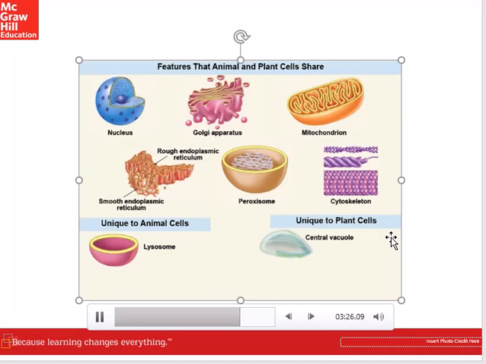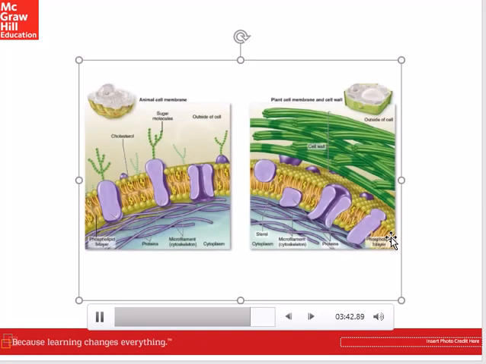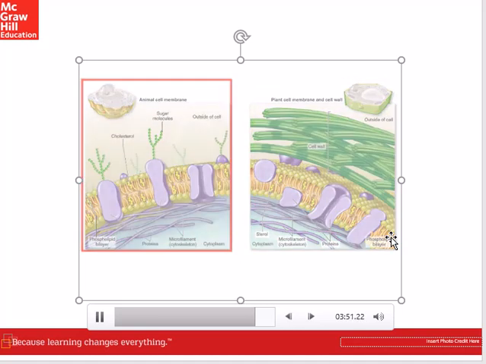However, regulating turgor pressure is a more important function of the central vacuole, which changes size as the cell absorbs or loses water. Many plant cells also contain chloroplasts. These organelles use light energy to produce sugars. Finally, plant cells have a cell wall that protects the cell and determines its shape. Animal cells lack a cell wall.